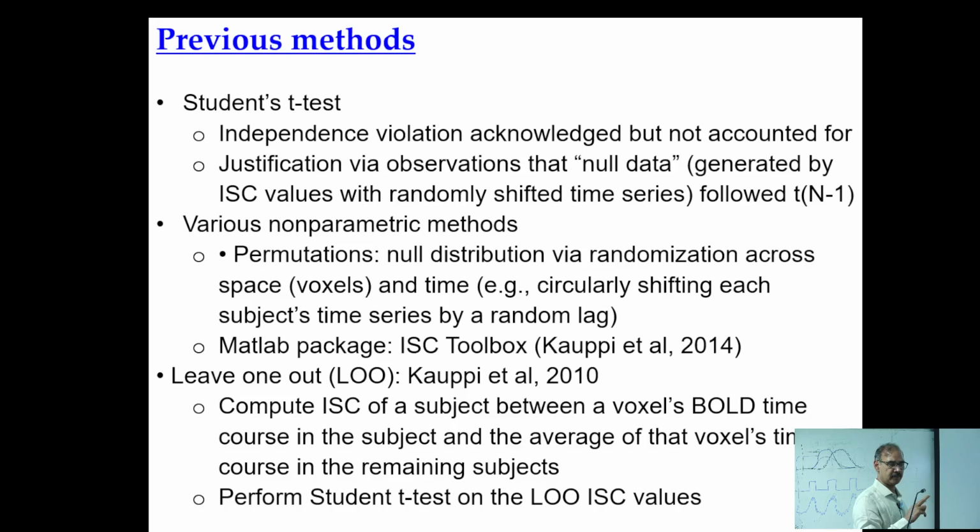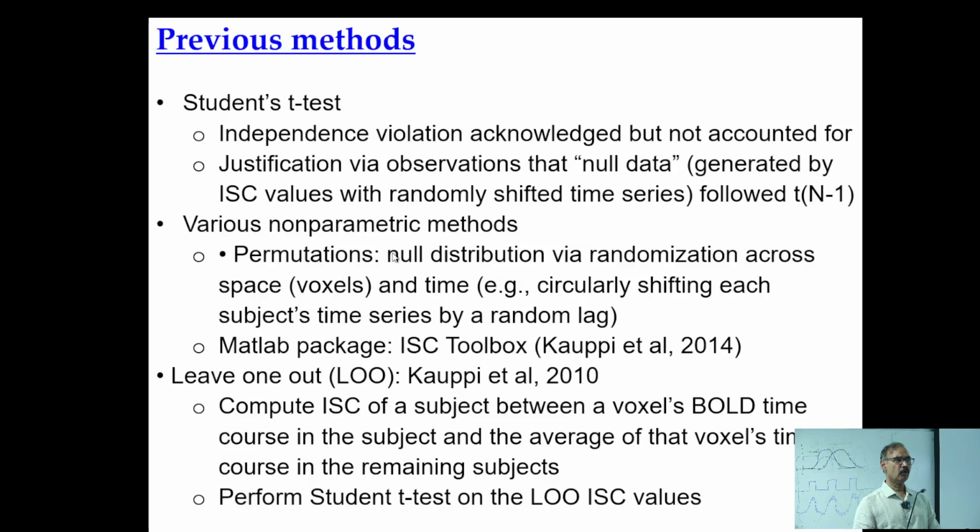Paired t-test, right? And similarly, it can be two groups, one condition. But as things become more complex, as the conditions or the groups increase, then we can use ANOVA. There are also many different non-parametric methods like the permutation method.